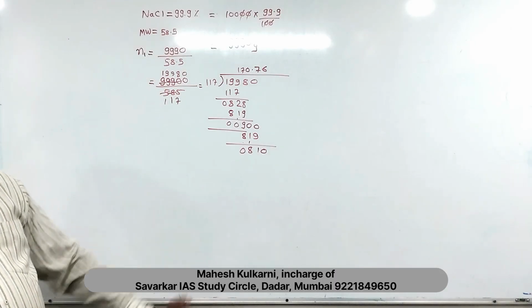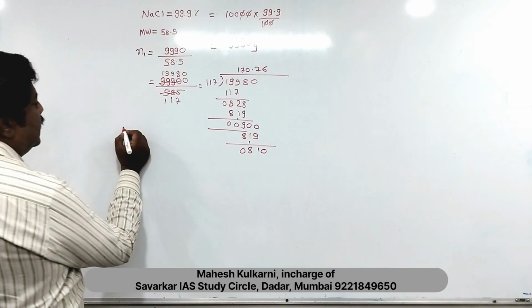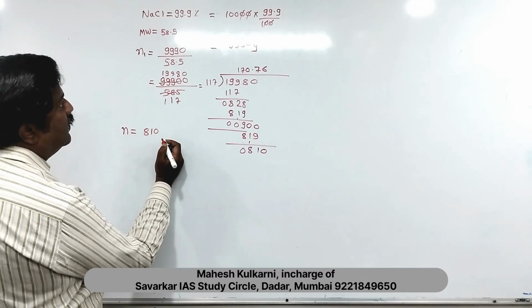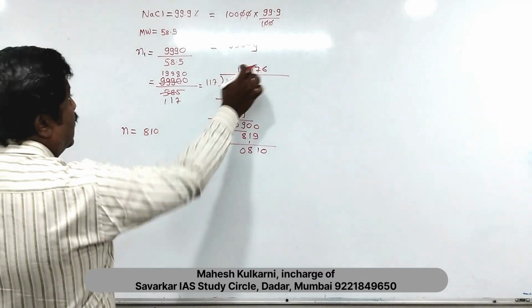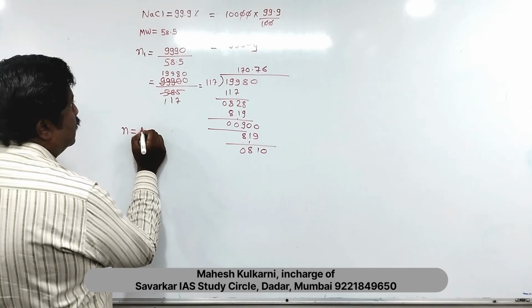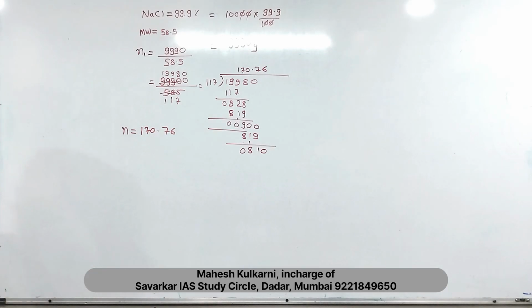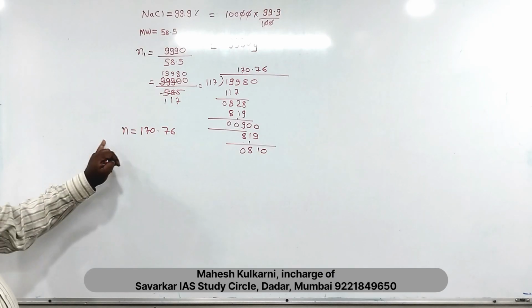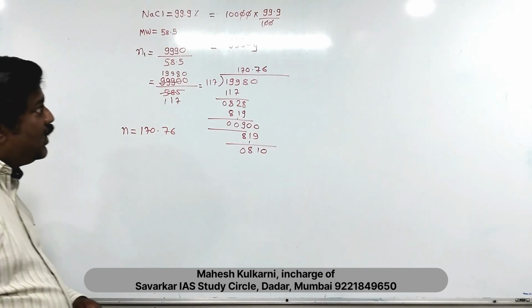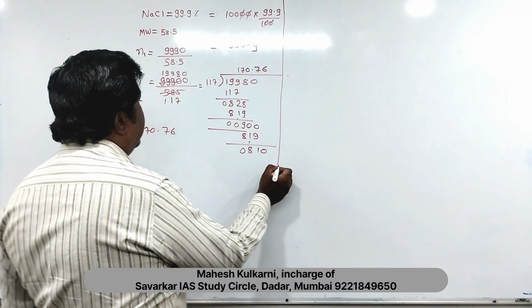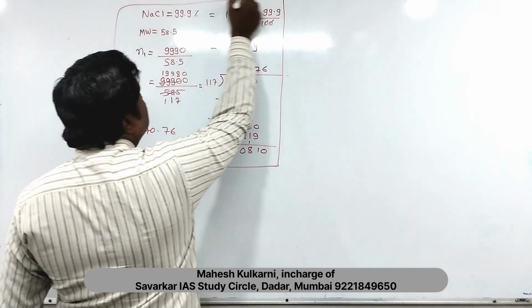And we don't need to calculate further. So I will say that the number of moles equals 170.76. We have finished the number of mole calculation for sodium chloride. I will make a box over here.